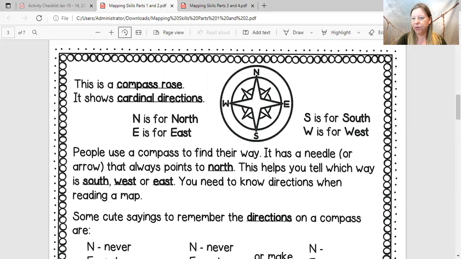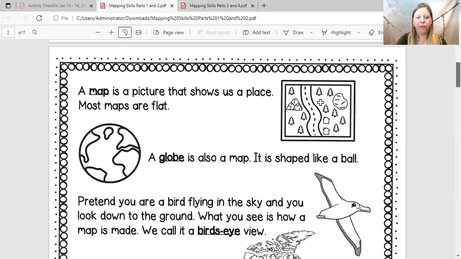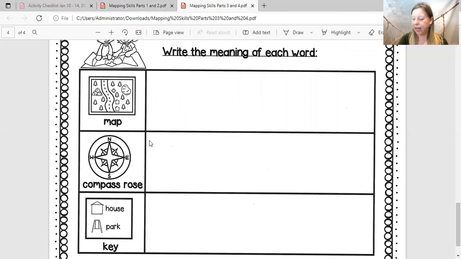So here it shows you on the very first page what the meaning of map is. It says a map is a picture that shows us a place. So we're going to write that in the box from today's page. So a map is a picture that shows us a place.